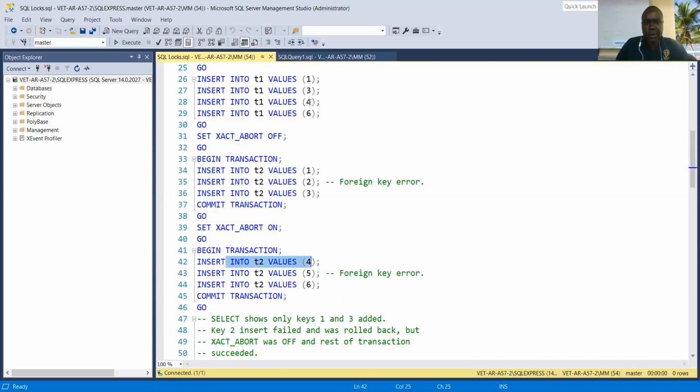Yeah, there is 4, 6. So that is going to be successful. Data insert will be successful, but this one will fail. But because we have set exact abort on, all the 3 insert statements are going to be reversed. In which case, we are only going to remain with this one and that one.